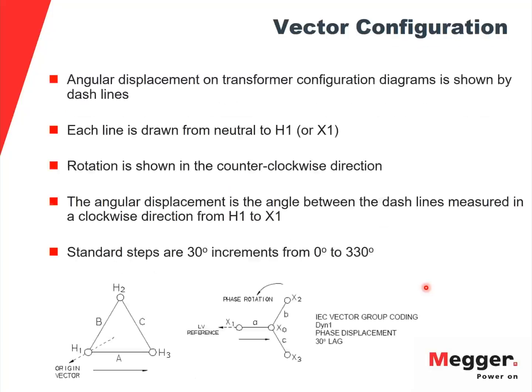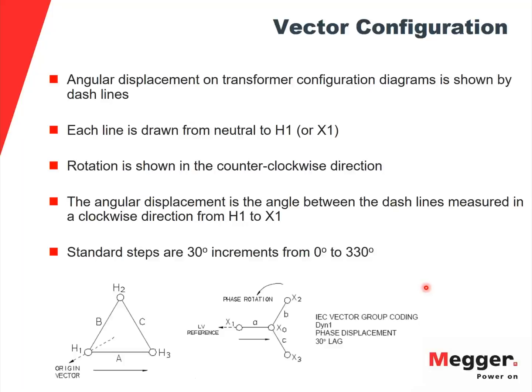Now, when you look at the nameplate, you would see a delta or a Y connection on the primary and the secondary side. As I mentioned earlier, it would be called a DYN because delta is on primary, Y is on secondary with accessible neutral. But then you also see something like DYN1 or DYN5. The last number corresponds to the phase angle difference between the primary and the secondary line-to-line values.